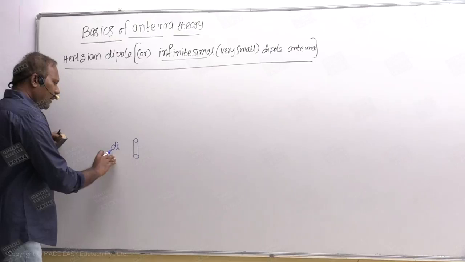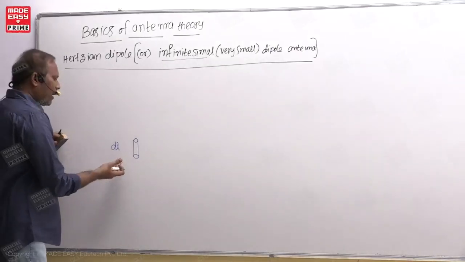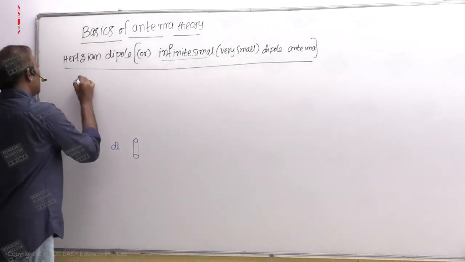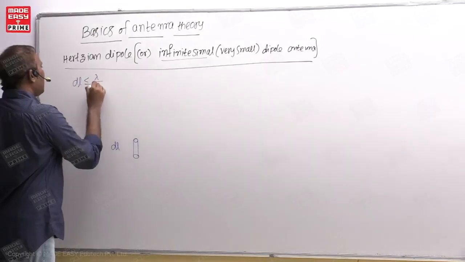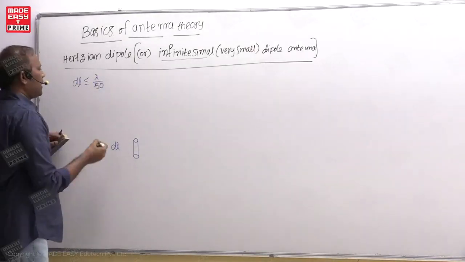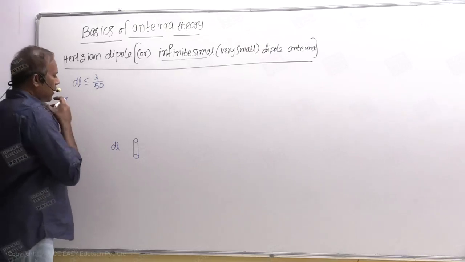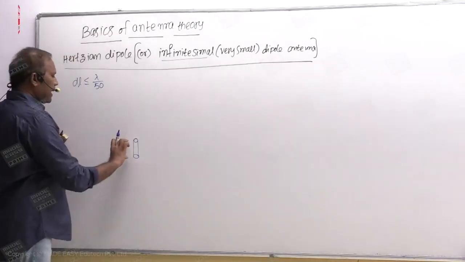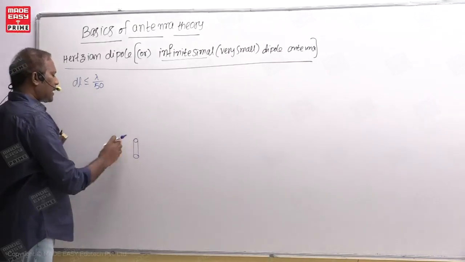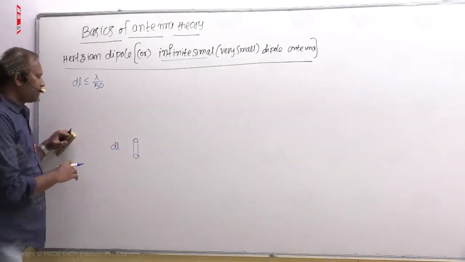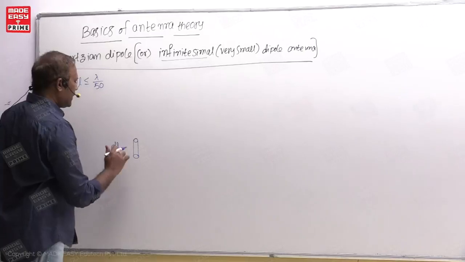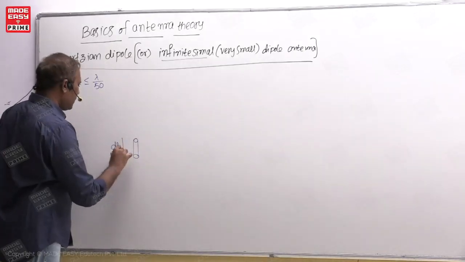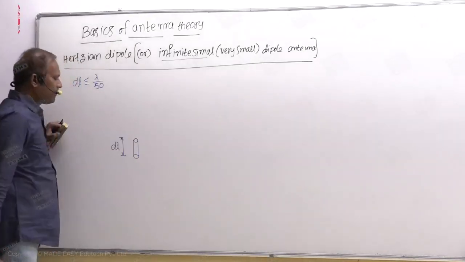It may be DL or L, but the condition is DL is less than or equal to lambda by 50 for uniform current distribution. So let us take this length as DL.